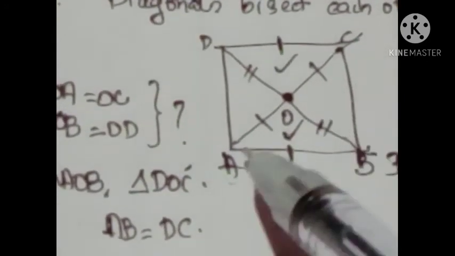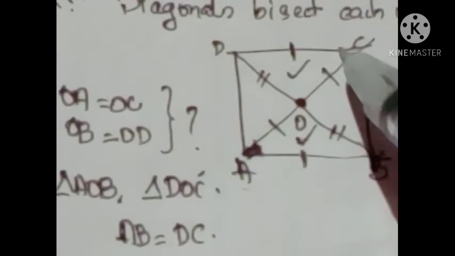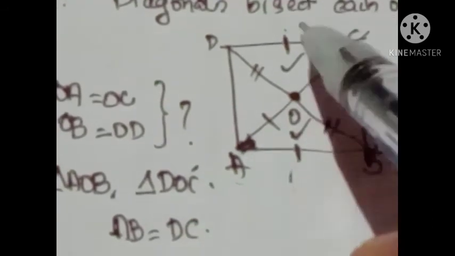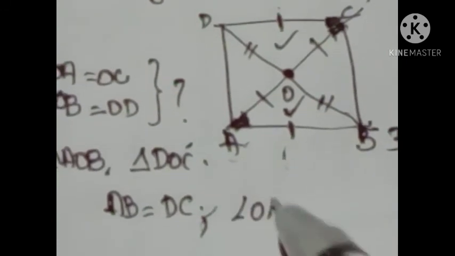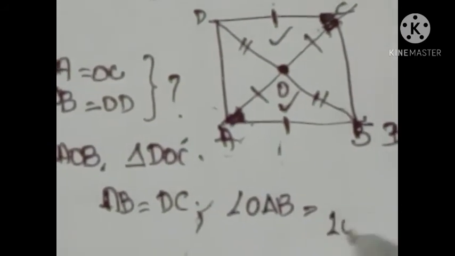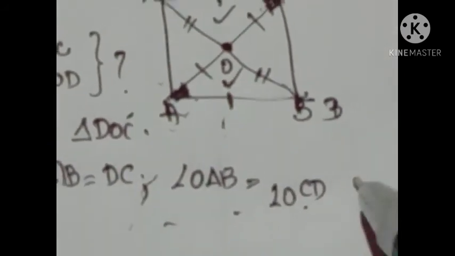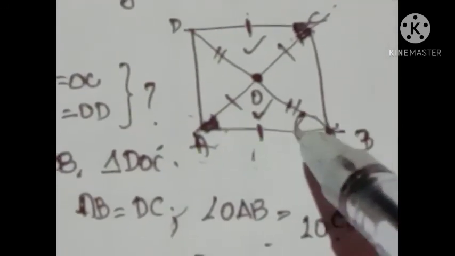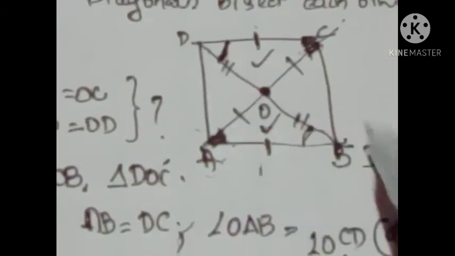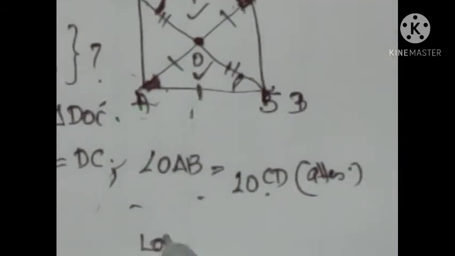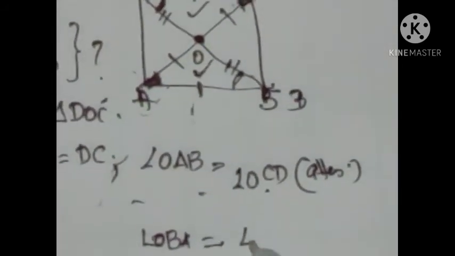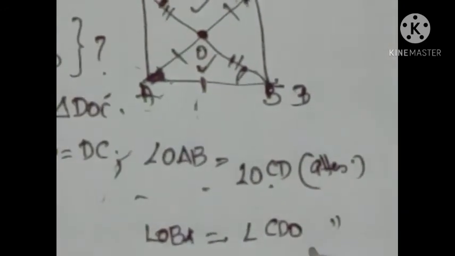Now listen, these two angles. Okay. These two lines are parallel, therefore these two angles are alternate angles. That is angle OAB, this angle, equal to this one, angle OCD. These two angles are alternate angles and therefore they are equal. And similarly, these two angles are again alternate angles. What are the angles? Angle OBA and angle CDO. This is also alternate angles.